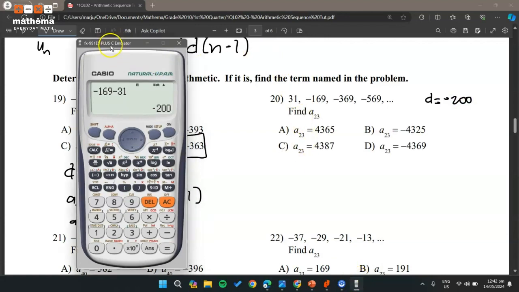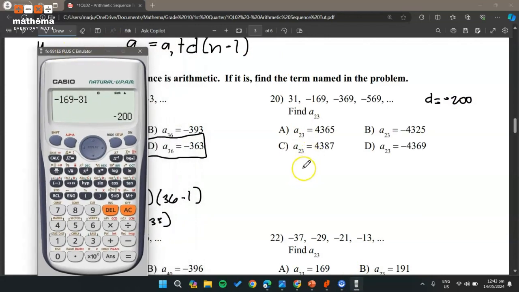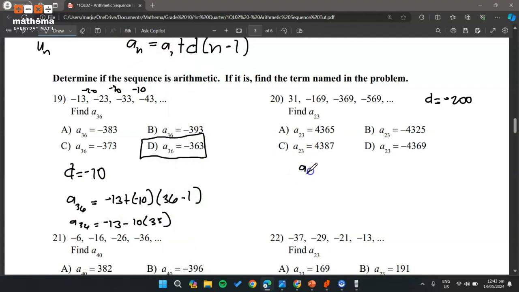So what are we going to do? Again, using the formula, a23 is equal to, what is our first term? That is just 31, plus negative 200 times, our n is 23, so we have 23 minus 1.